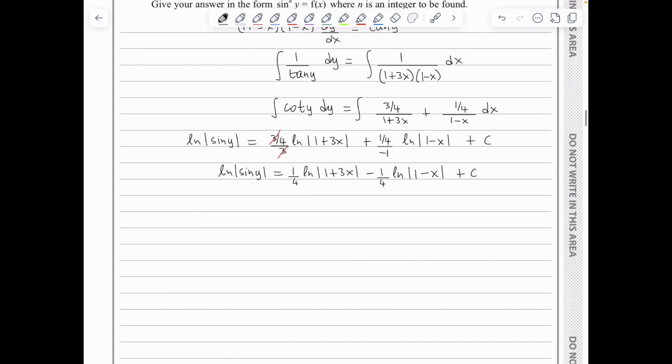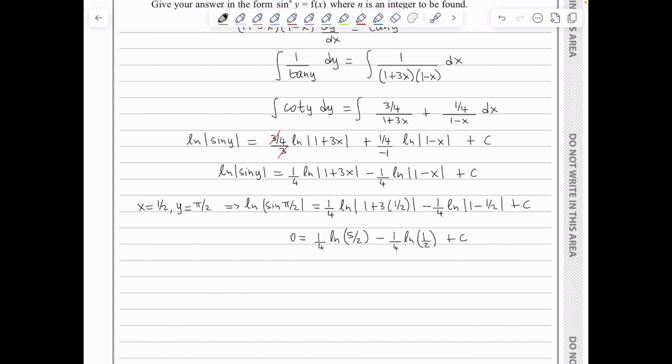I will now be using the fact that when x is a half, y is pi over 2, which leads to ln of sine of pi over 2 is equal to 1/4 ln of (1 plus 3 times a half) minus 1/4 ln of (1 minus a half) plus c. Now sine of pi over 2 is 1 and ln of 1 is 0. So on the left-hand side it's 0 being equal to 1/4 ln of 5 over 2 minus 1/4 ln of a half plus the constant c.